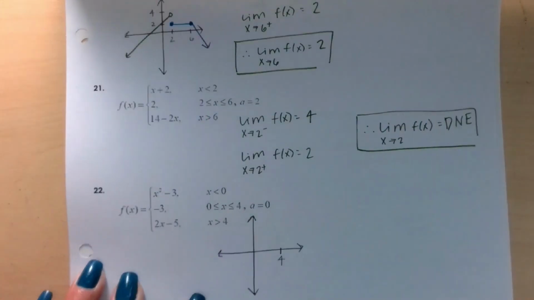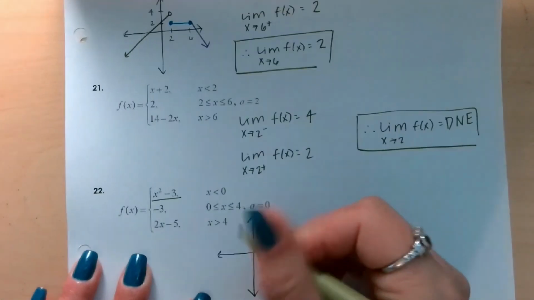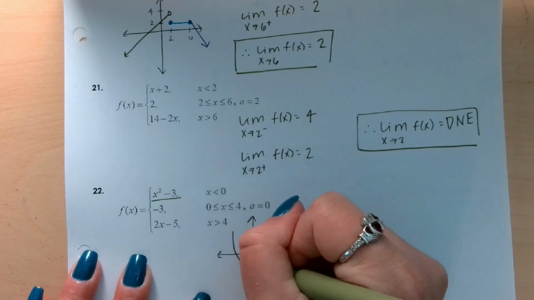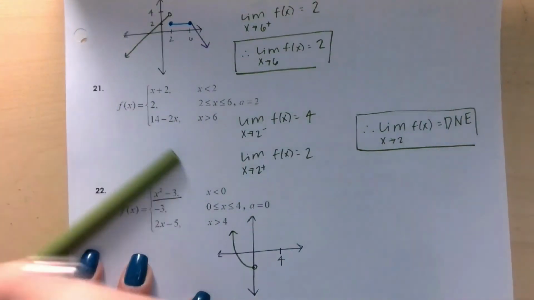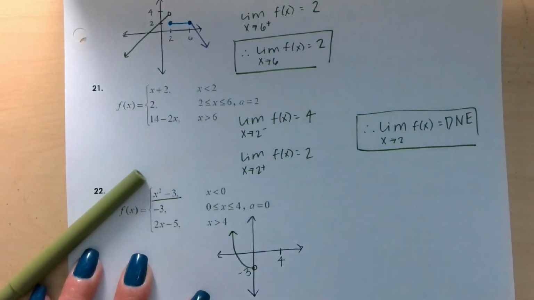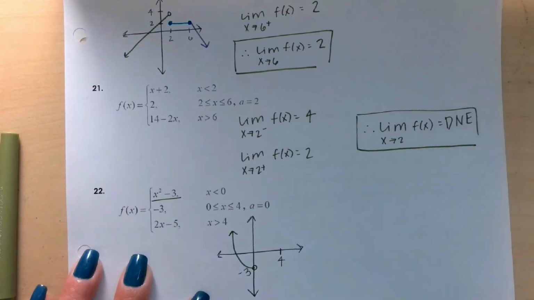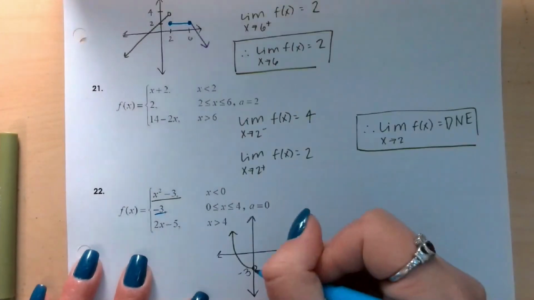I'll graph this first one in green. Alright, so when we graph this one, it's going to look like this. There's going to be an open circle at -3. Okay. Next one, I'll go ahead and graph in blue. And this, from x is 0 to 4, it's just going to be -3, right?